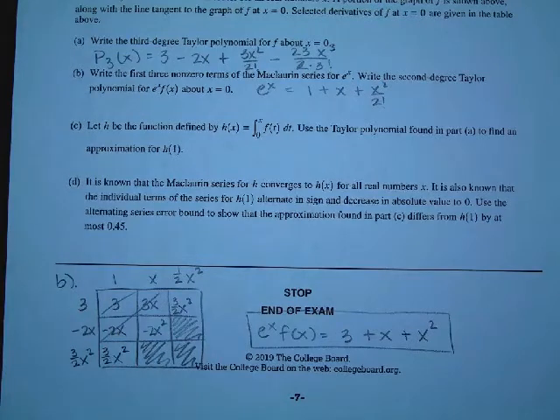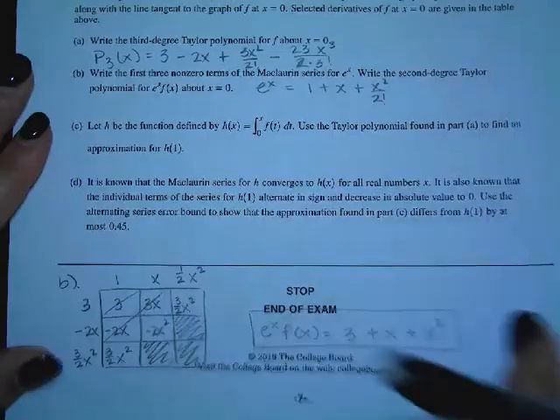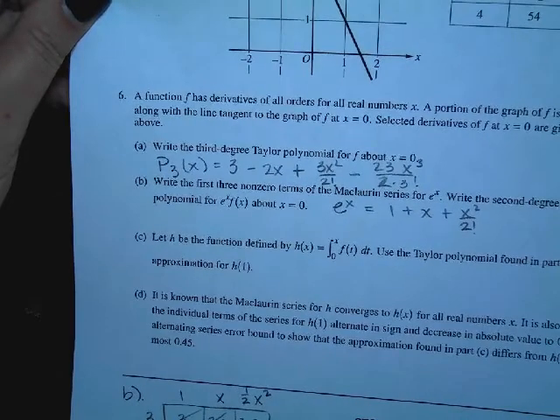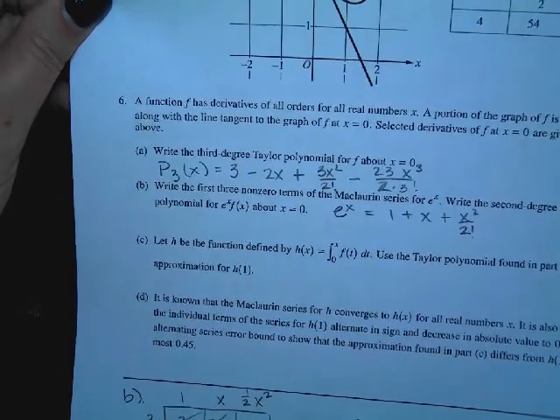Part C, you had to be real careful because the notation was pretty funky on that one. And so I said, okay, h of x is the integral from 0 to x of f of t dt. They said to use the Taylor polynomial found in part A. And so what I did is I went back and I wrote it in terms of t.